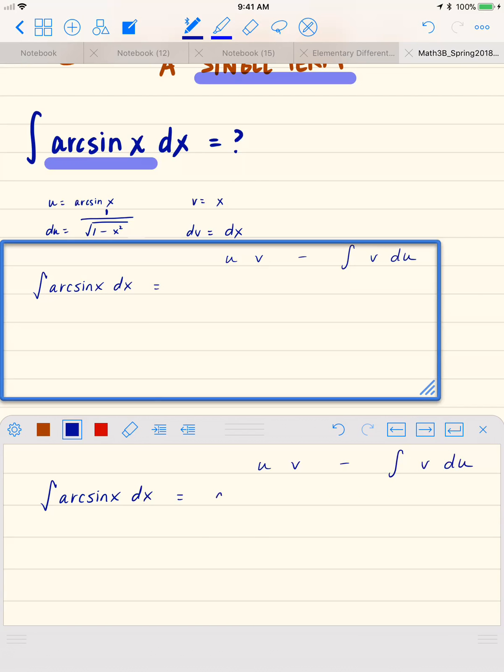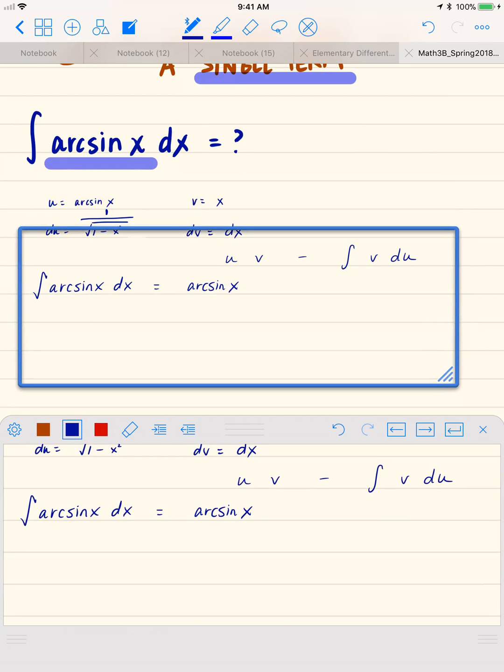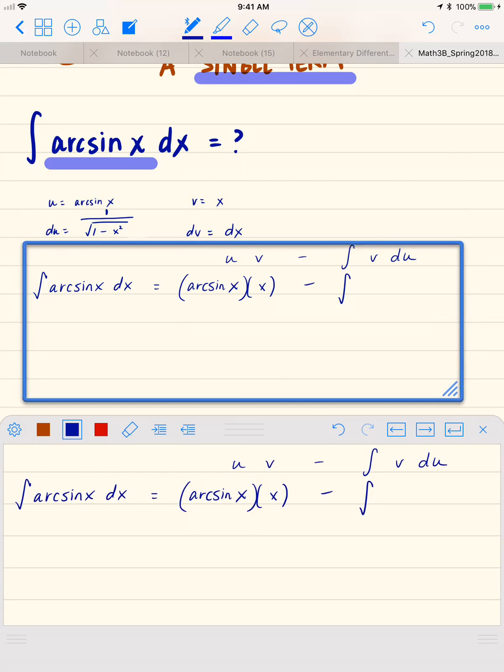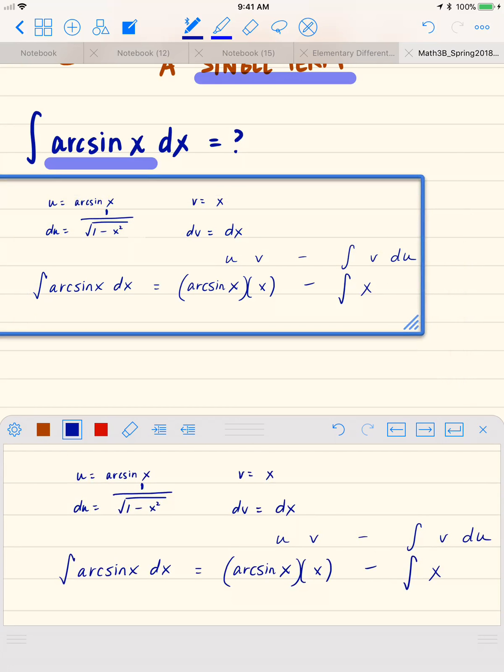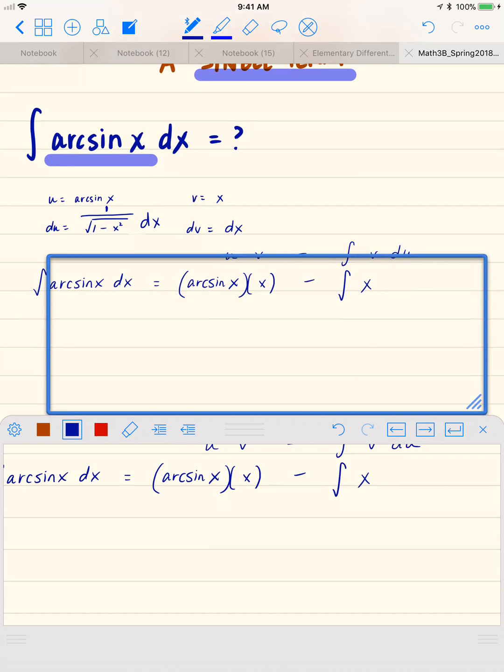My u is arc sine of x, v is x, okay, so I need to put an x there, minus the integral of v which is x, and my du is, critical error. This is du is 1 over this dx. So sorry about that. So I'm going to change this to 1 over the square root of 1 minus x squared, all of that times dx.